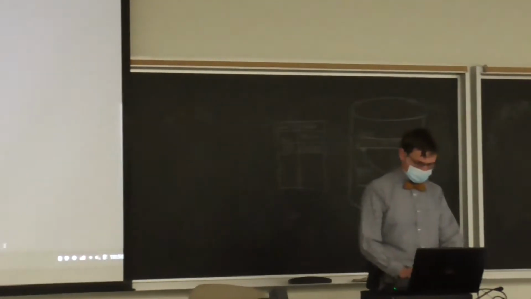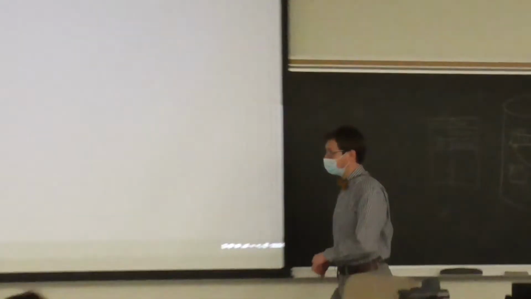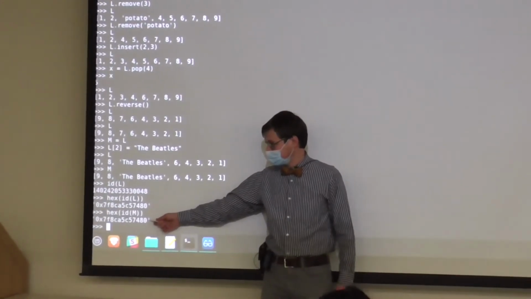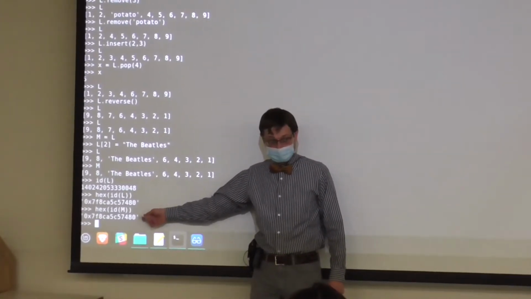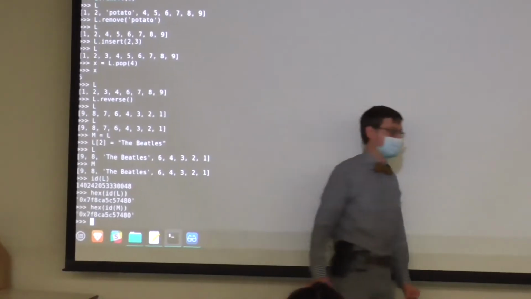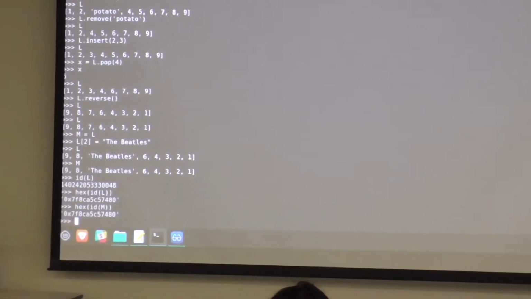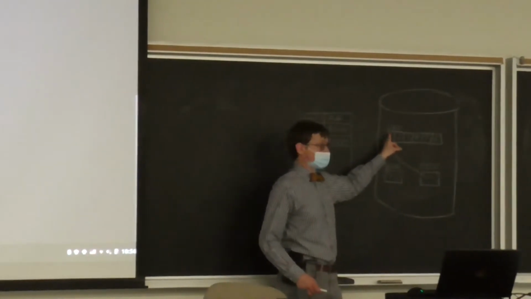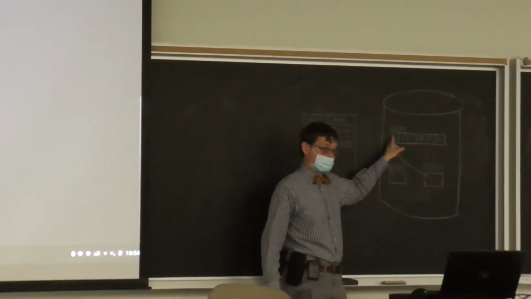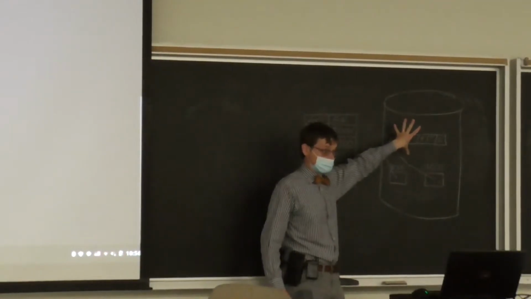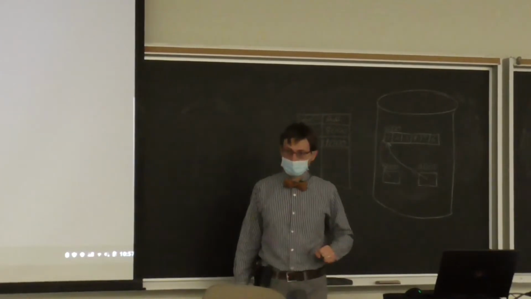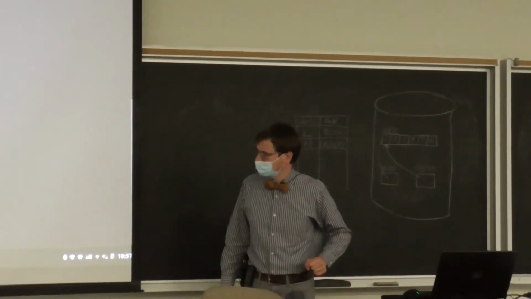If I then do the same thing with M, you will notice that M has the precise and exact same value as L. That address is the beginning address of this data structure where it's actually held in memory. So both of these guys are referencing the same place in memory. Make sense?